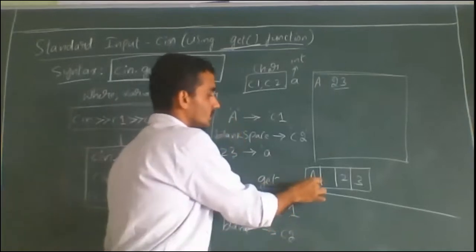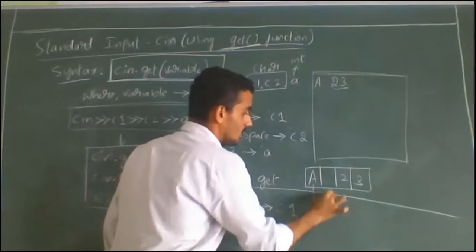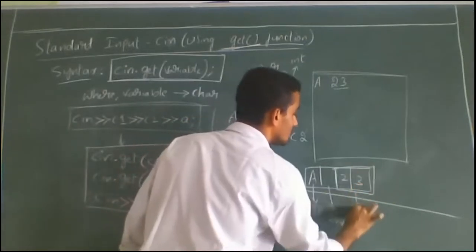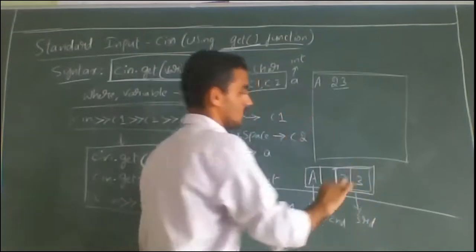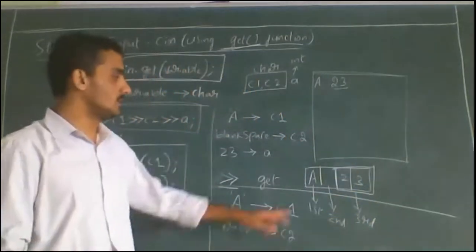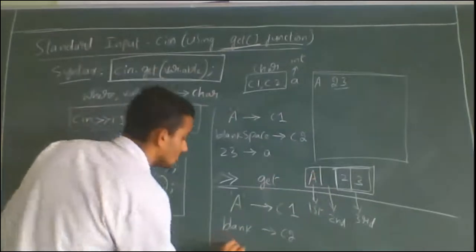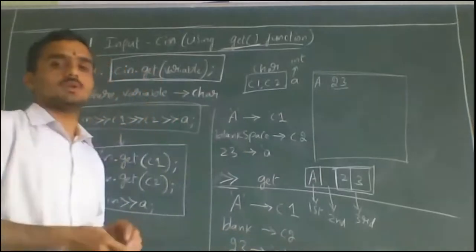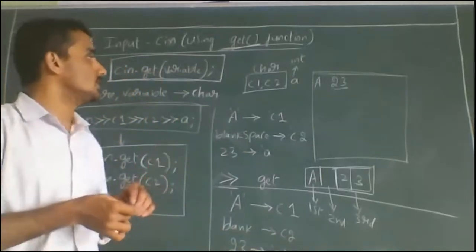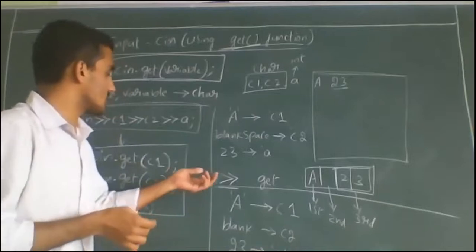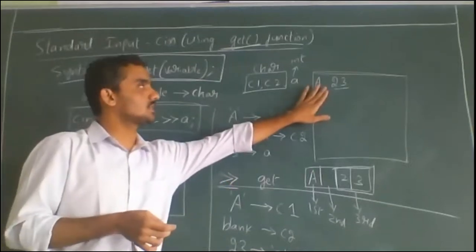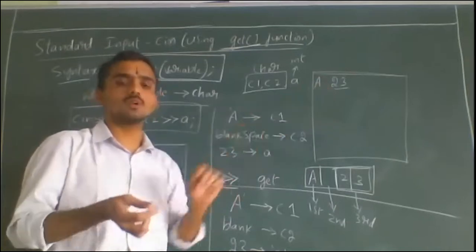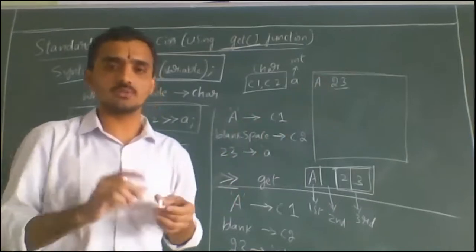A is considered the first input and the blank space the second input, and the remaining number 23 will be considered the third input, so 23 will be stored in variable A. Did people get this concept? Once again, in case of the extraction operator, blank space is not considered as an input. In the sense, it is not stored in memory, and if it is not stored in memory, then it is not stored in the variable also, because variable and memory are linked.